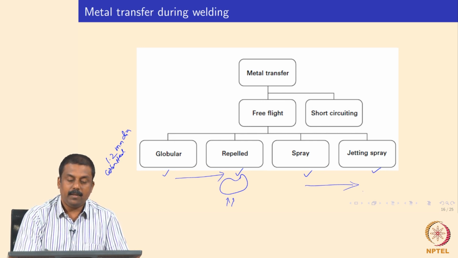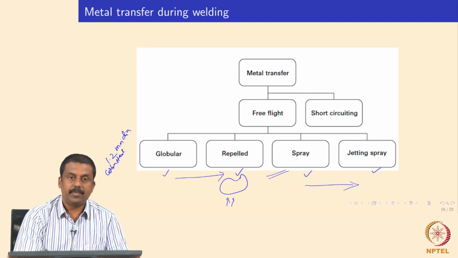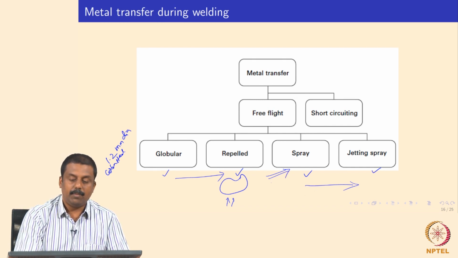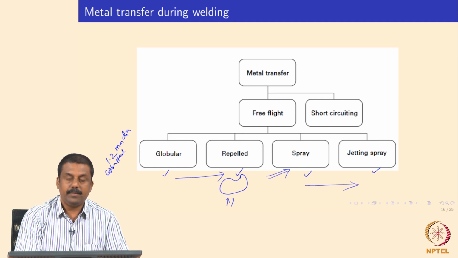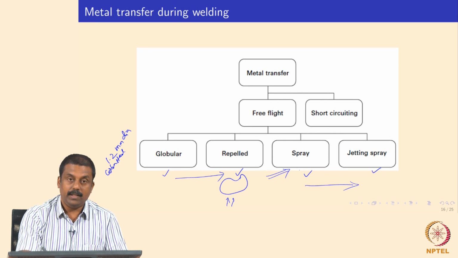But for welding applications, in most cases the most preferred transfer mode is spray mode, just above the transition from repelled to spray, so that we can transfer the droplet continuously with a diameter similar to your electrode or filler wire, and that transfer is most preferred.